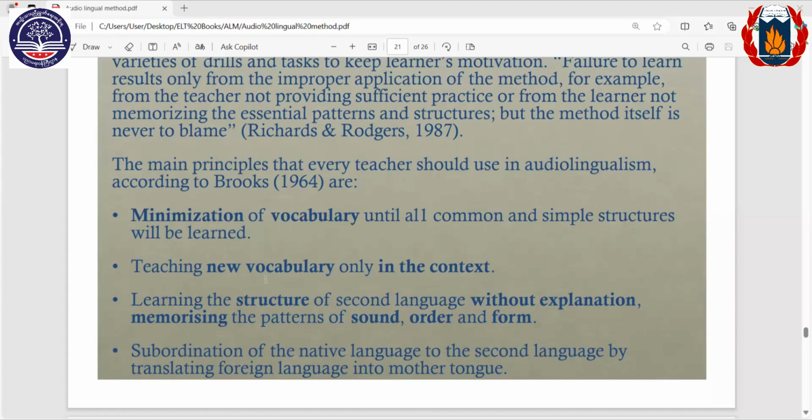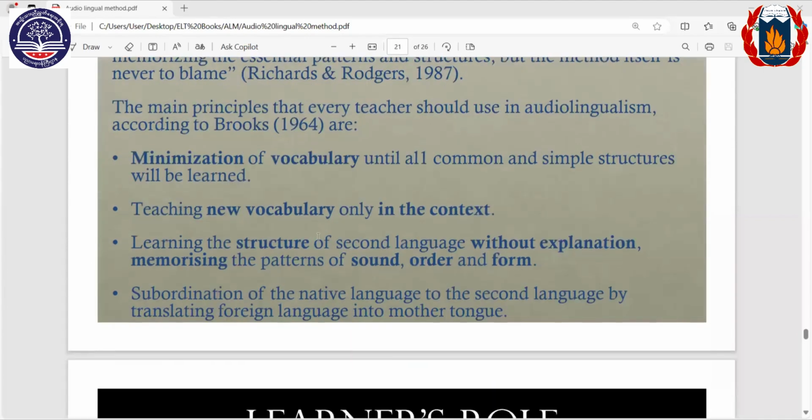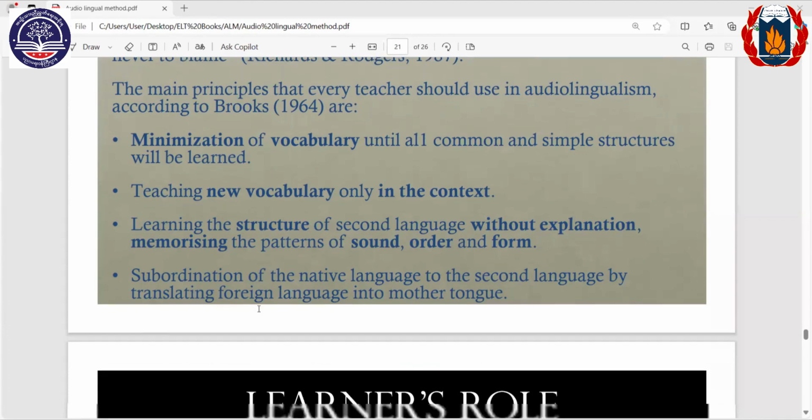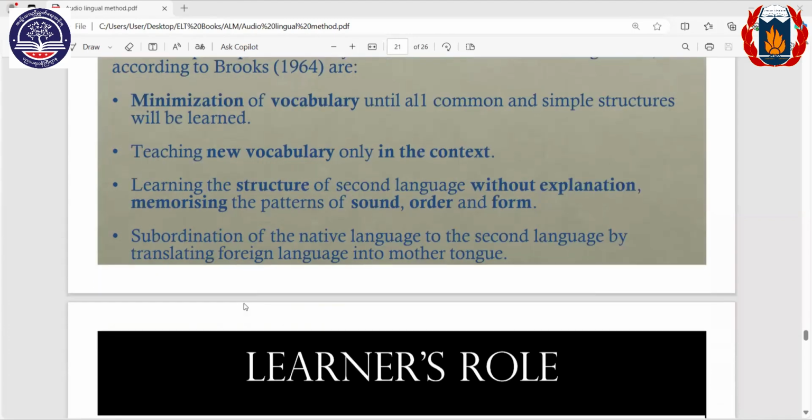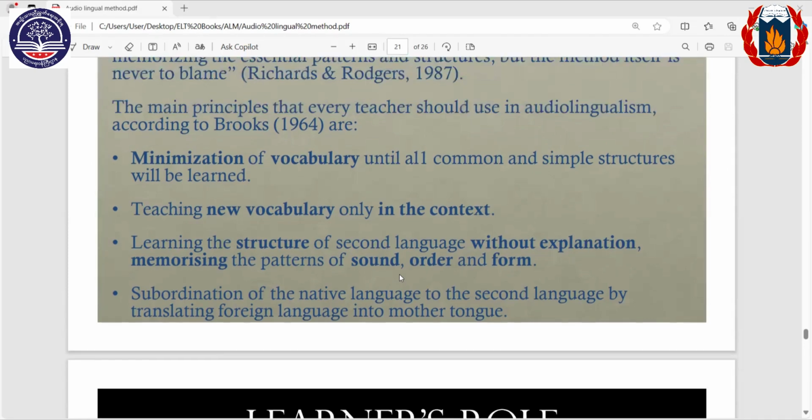That's why teaching new vocabulary only in context is also important. Another principle is learning the structure of the second language without explanation, by memorizing the patterns of sound, order, and form. Another is subordination of the native language to the second language, by translating the foreign language into the mother tongue. Right? Mother tongue.